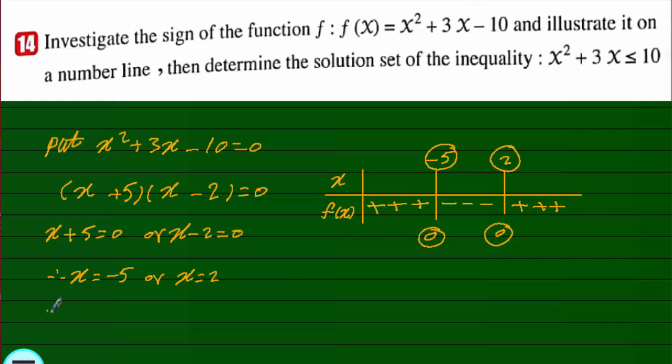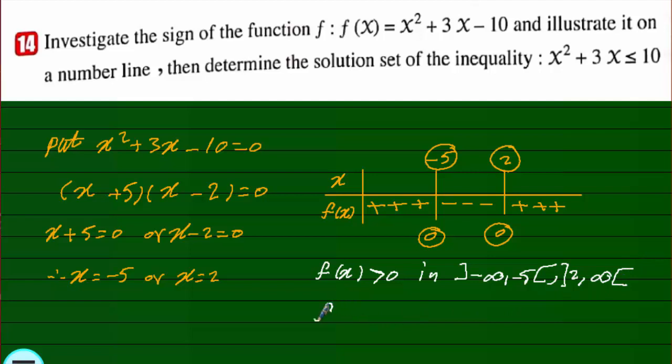So what you can deduce from this number line: f of x is positive, greater than 0, in the two intervals from negative infinity to negative 5, and from 2, open of course, to infinity.